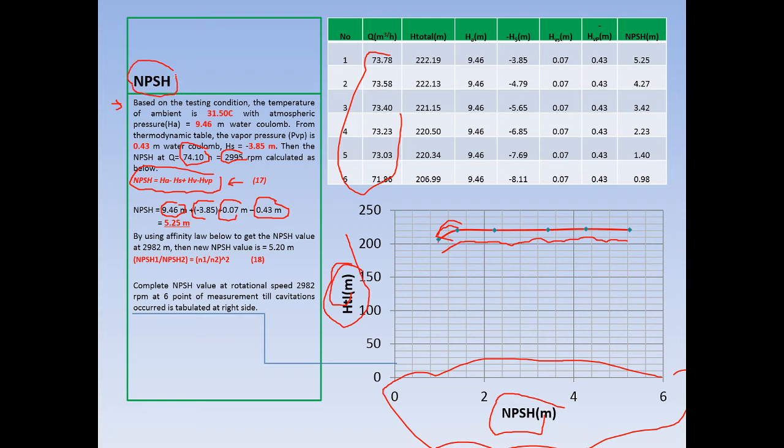So as I told you in the beginning of the definition of the NPSH, and then when it formulated, the formula is like this. Alright, so from this formula, again I would like to repeat. Environment gives you 9.4 meters of the head.